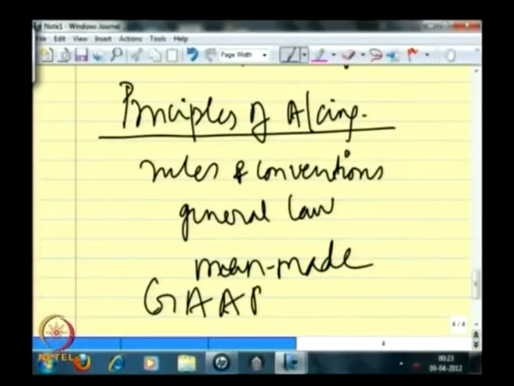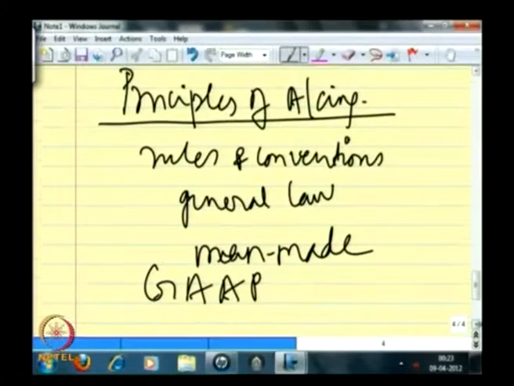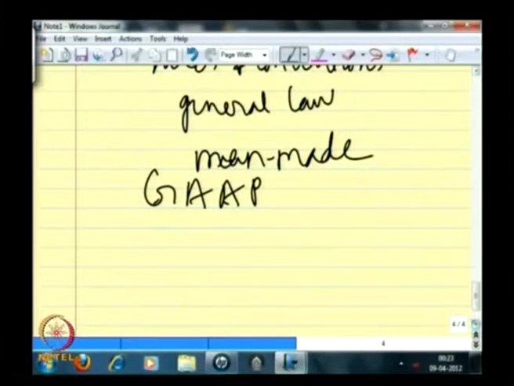And these principles, as I told you, are called the generally accepted accounting principles. And this is generally accepted, universally accepted.